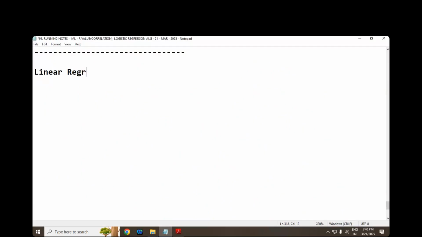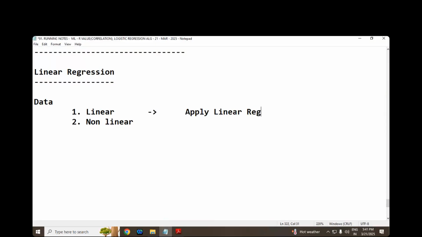When you talk about data, there is linear data and non-linear data. If the data is linear, apply linear regression. If the data is not linear, then don't apply linear regression. First check the data, how the data is shaped.